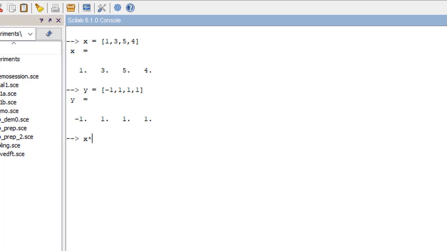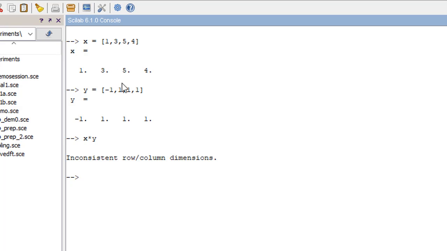If I try to multiply x with y, what am I expecting? It's not possible, no? I get an error, the dimensions will mismatch. But I can do element by element multiplication. What I want is 1 multiplied with minus 1, 3 multiplied with 1, 5 multiplied with 1, and 4 multiplied with 1.